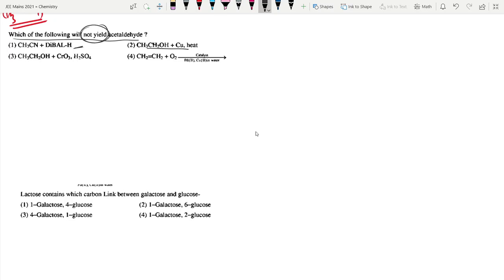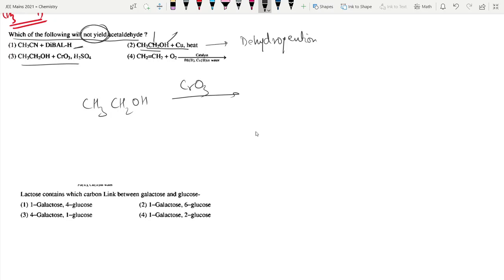This one is a dehydrogenation process. Dehydrogenation of alcohols, you can remove two hydrogens, this one and this one, from here, and you will get an acetaldehyde. So this will give an acetaldehyde. Second and third one you have alcohols and Jones reagent, in acidic medium, and I think it will give you acid.